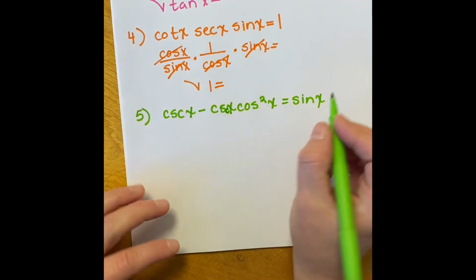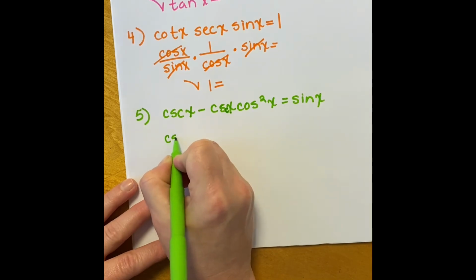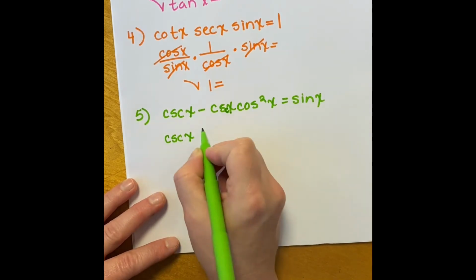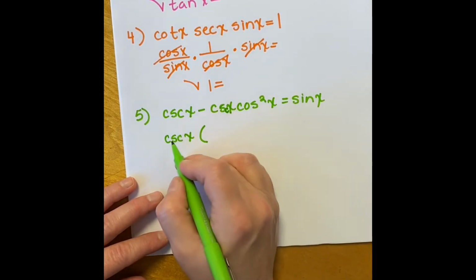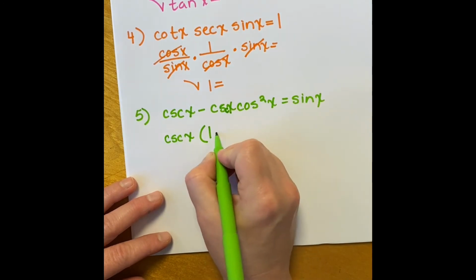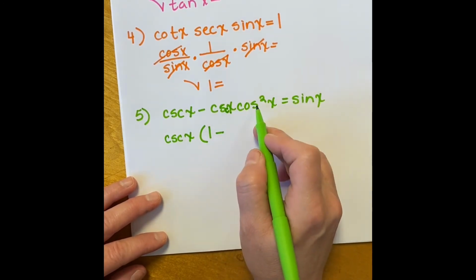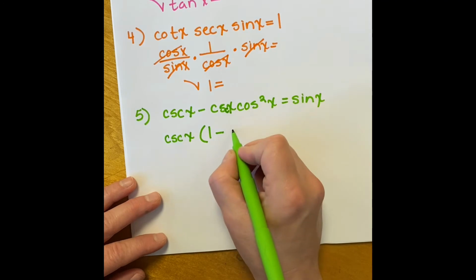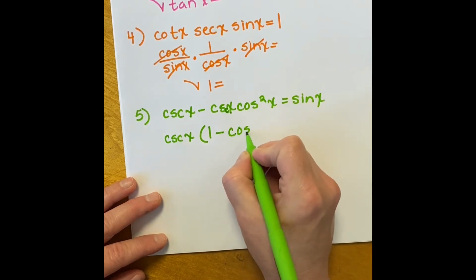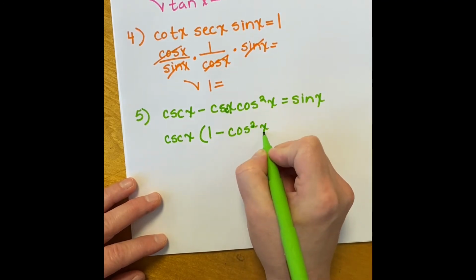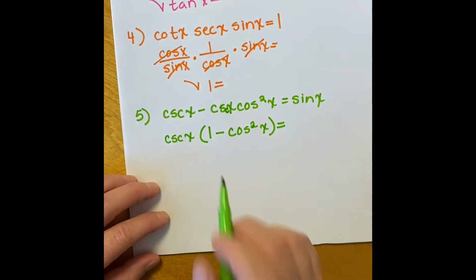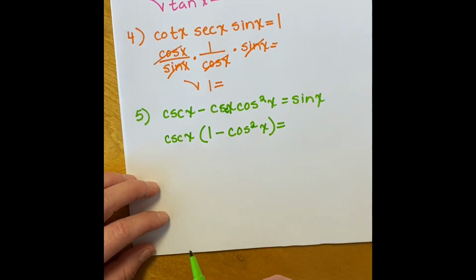So I'm going to factor out a cosecant of x. And that'll leave me with cosecant divided by cosecant is 1. And cosecant times cosine squared divided by cosecant just leaves that cosine squared, right? All right, 1 minus cosine squared.